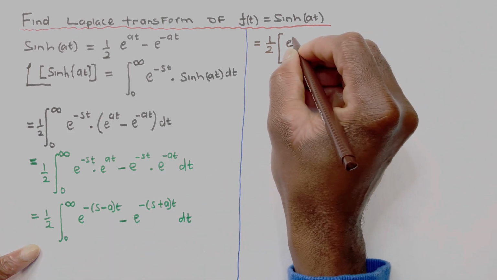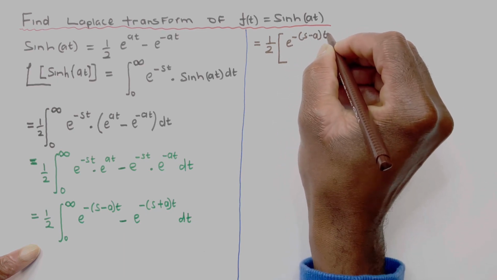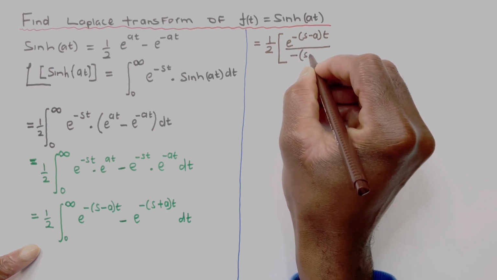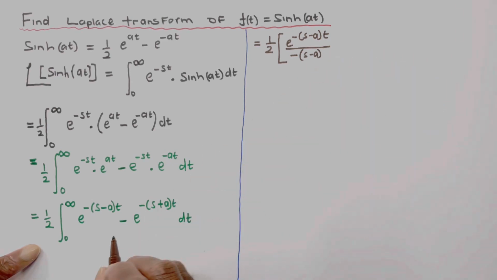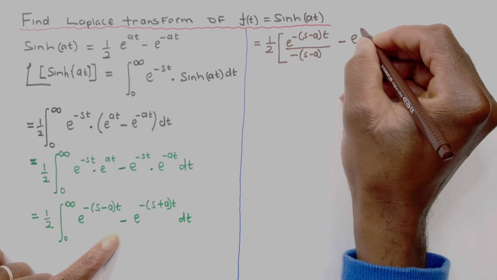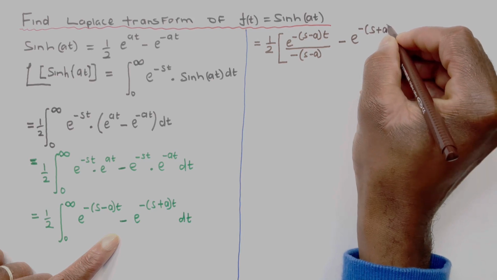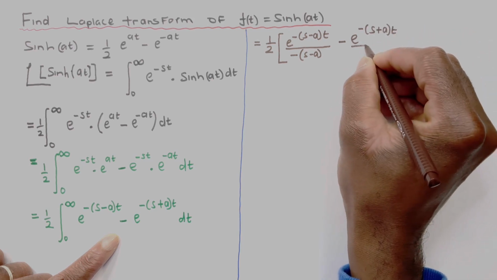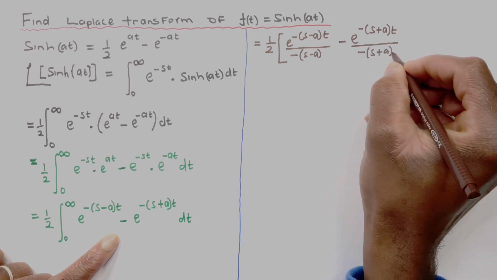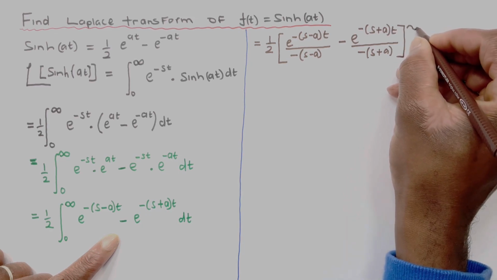So that's the exponential we're getting back, divided by the derivative of the exponent with respect to t, minus, we do the same thing, exponent back, s plus a t, divided by the derivative of the exponent, s plus a. And we're going from 0 to infinity.